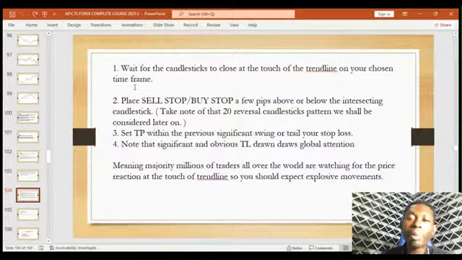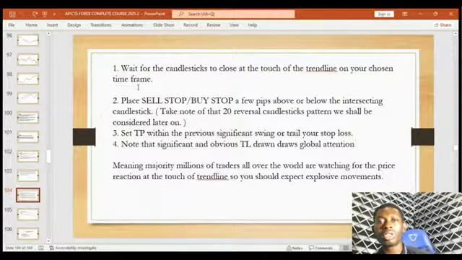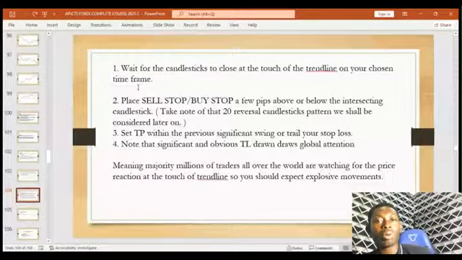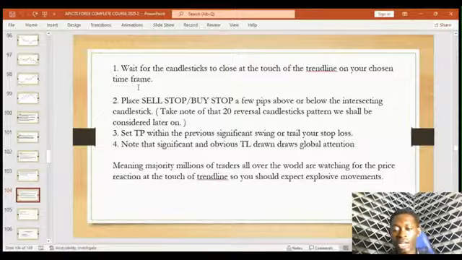Now place a sell stop or buy stop. I don't know if you have learned how to do a sell stop or buy stop. I will teach you that in one of the next classes. So place a sell stop or buy stop a few pips above or below the intersecting candlestick. When a candlestick breaks the trend line, below the wick of that candlestick, if it's a sell, that's when you put your sell stop.